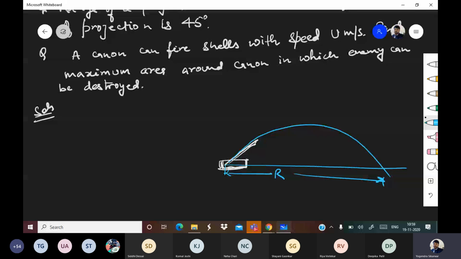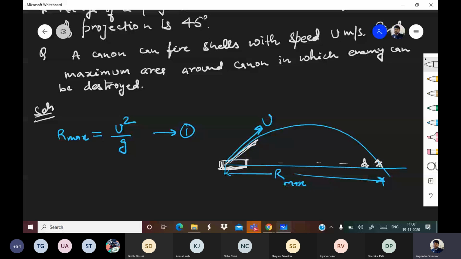If the speed is u, then R max is u square by g. We know that. So when the range is maximum, the enemy can be destroyed here, here, at all the places which are inside. Because if you are able to destroy the farthest enemy, then enemies which are closer can be destroyed even more easily.